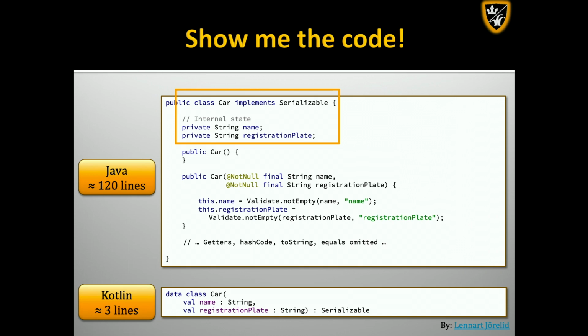This is roughly 3 lines. That's 120. The cost of maintaining 120 lines times your domain model is astronomical. And of course, if you refactor something, you just change the name of a property in Kotlin, whereas you have to do the property, the getter, the hashCode, the setter, the toString, the equals.